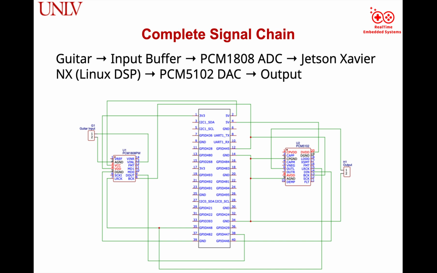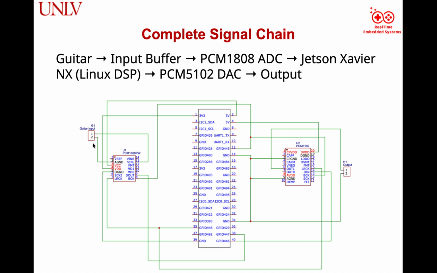Okay, let me show you the complete signal chain. As you can see on the left, it's a guitar input, but actually this one has a buffer to lower the guitar impedance down to an impedance that's suitable for the module here. I actually designed the buffer circuit right here, but I didn't put it on.